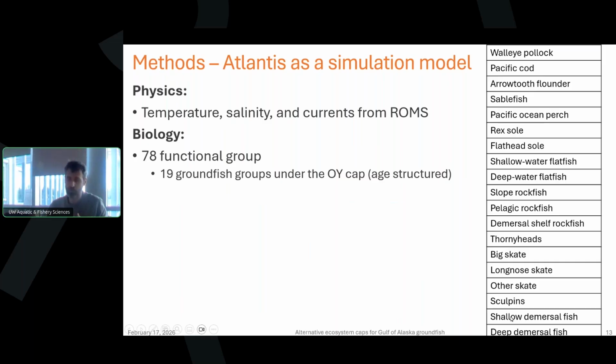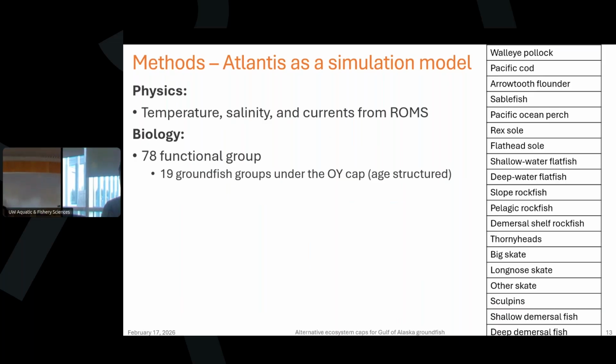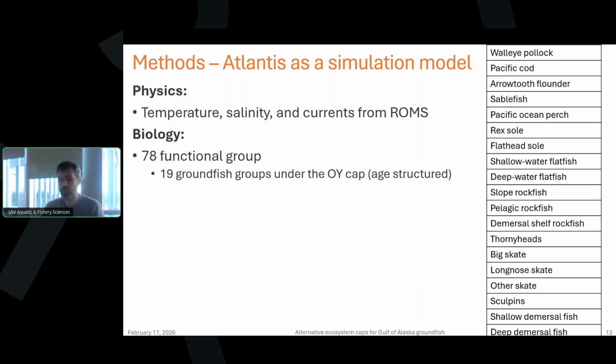So the resolution varies, but all of these, if you lump them all together, make up the vast majority of the catch and the biomass that is in this system. Probably missing a few species, but that's okay. That is groundfish. This is what is managed under the OY. There are salmon groups in the model, but they're not under the cap, so to speak.